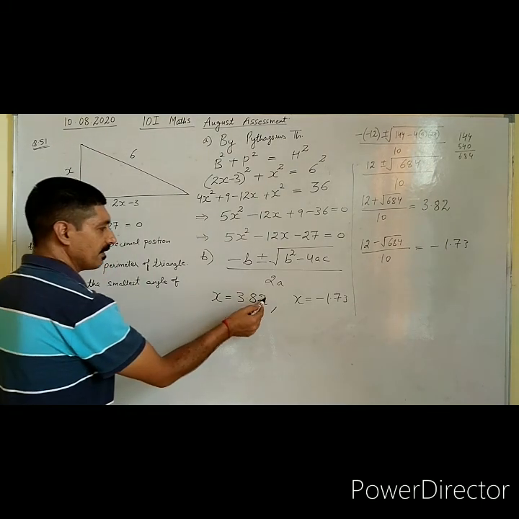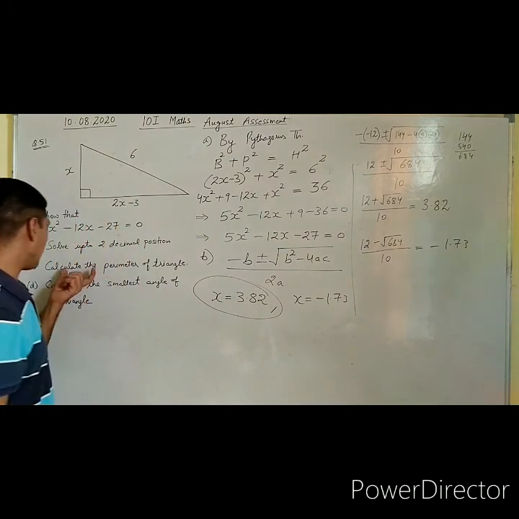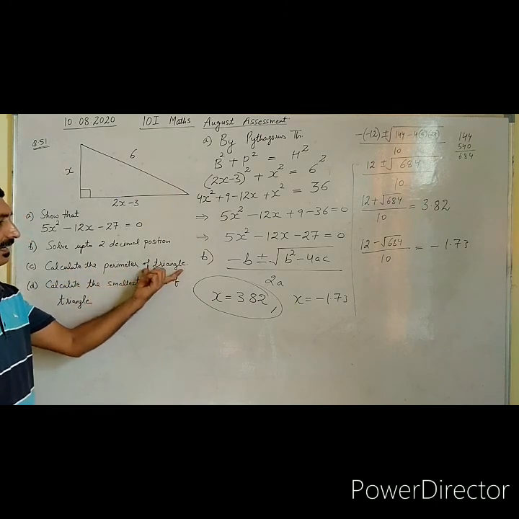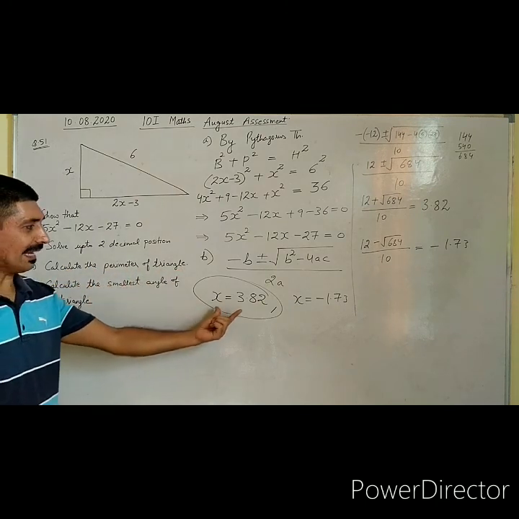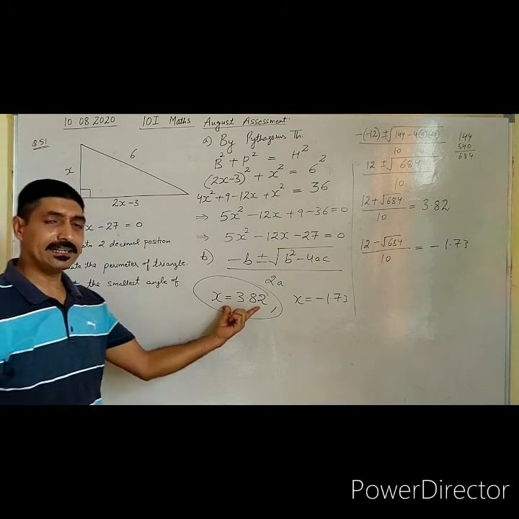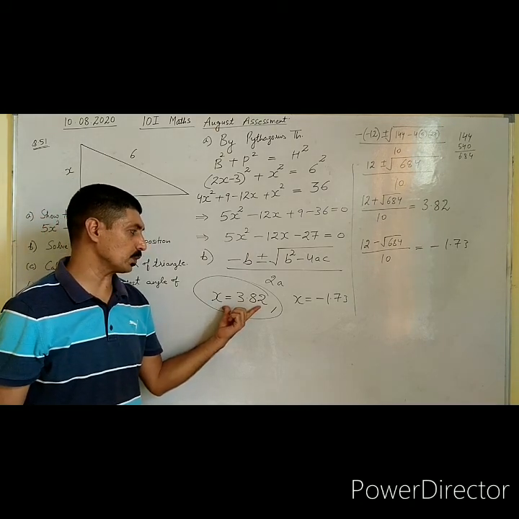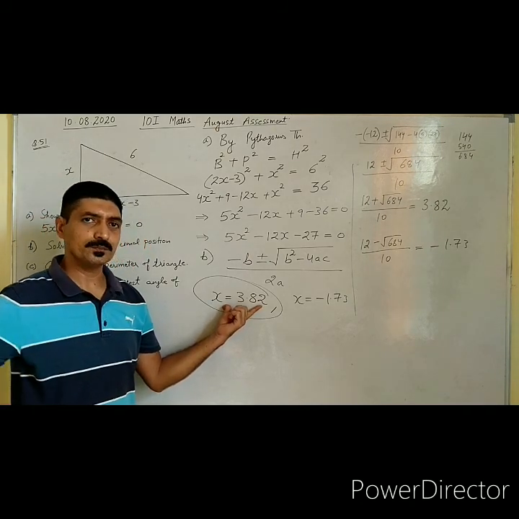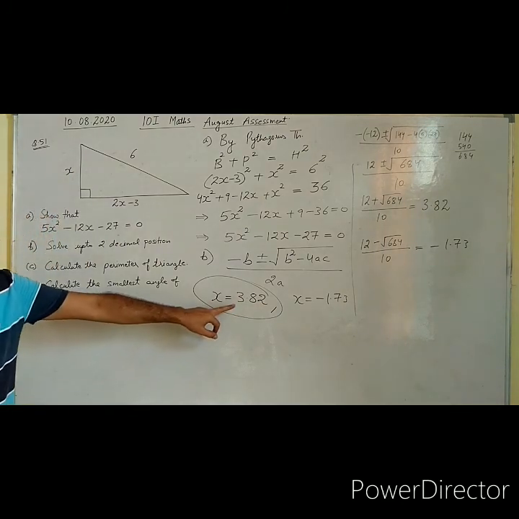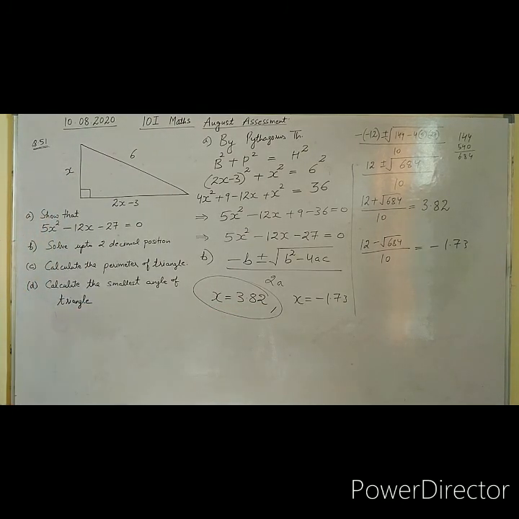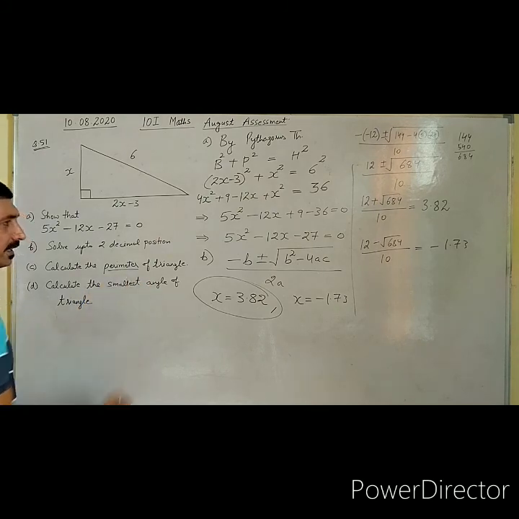So we will move ahead to the next part, that is to calculate the perimeter of the triangle with the help of this side, that is 3.82, right? So with this we can go ahead for the perimeter of the triangle.